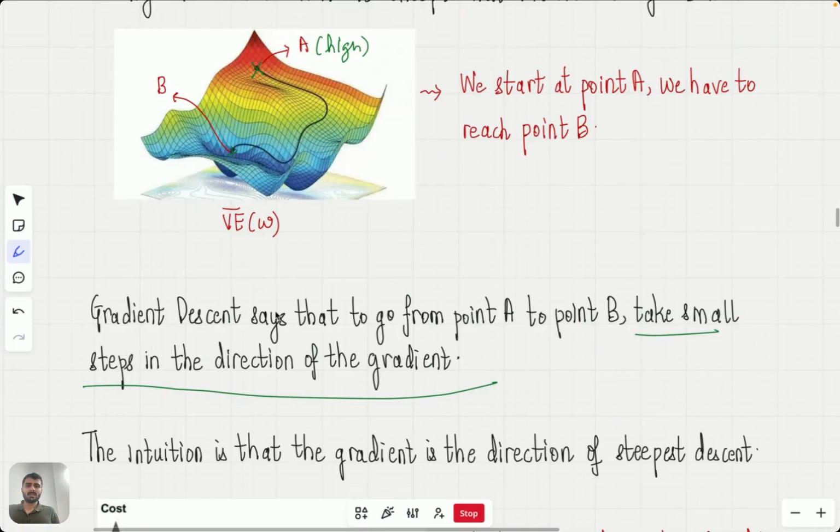Basically, we want to optimize the weights, or we want to control the weights, so that this objective function is minimized. So what gradient descent tells you is how to change the weight in a way that the error moves in the direction of the steepest slope.